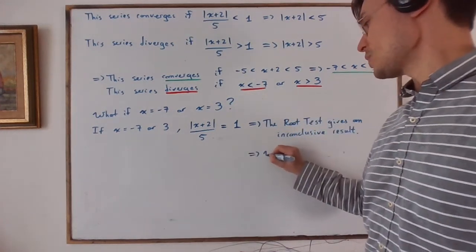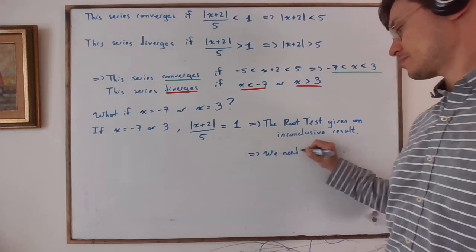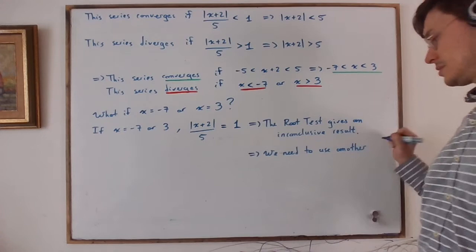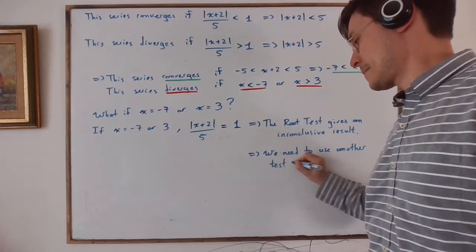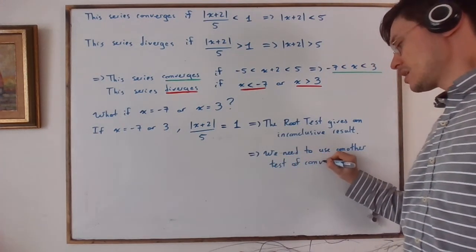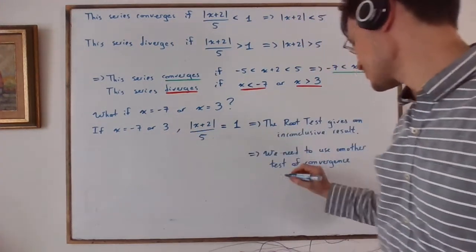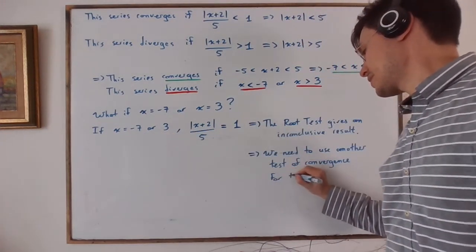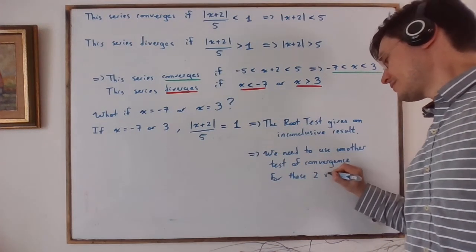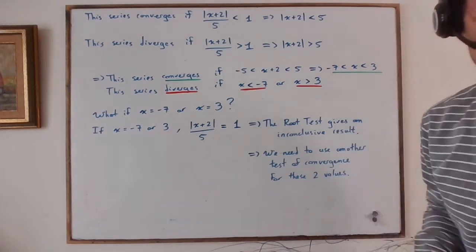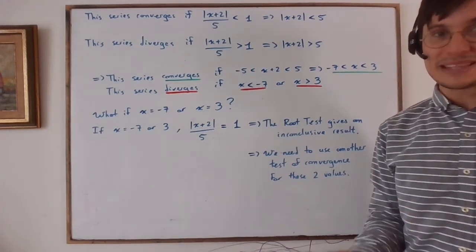So we need to use another test of convergence. But the good news is that we have to do so only for these two values. See you in the next video.